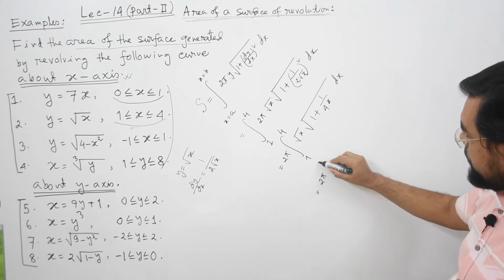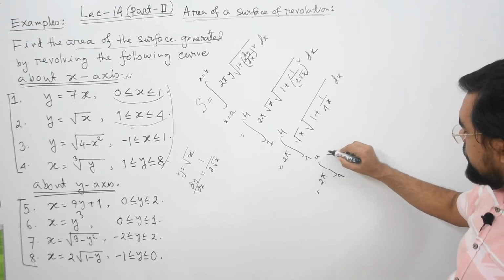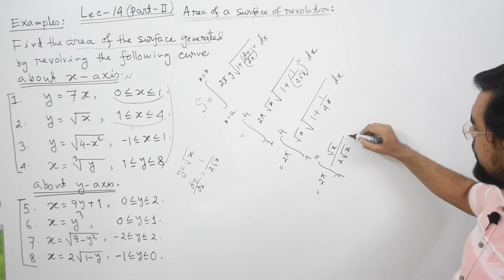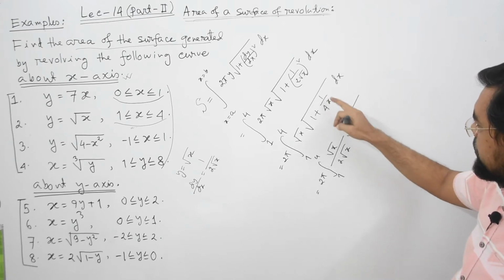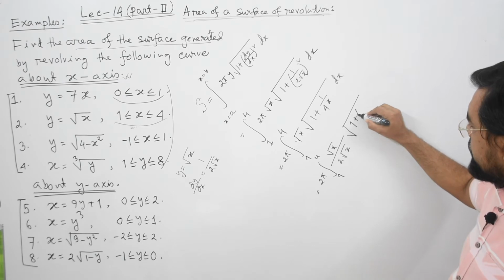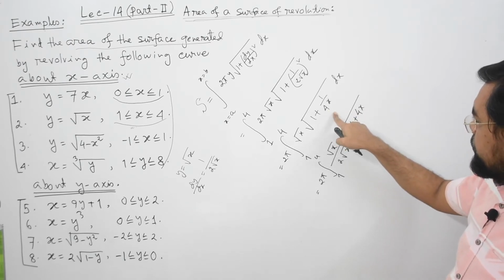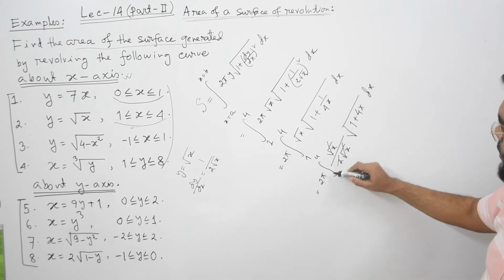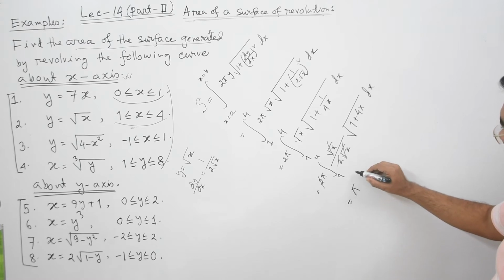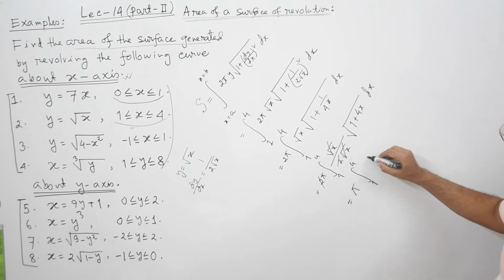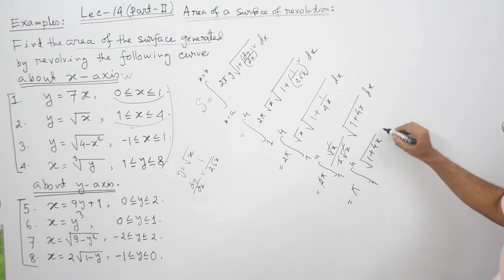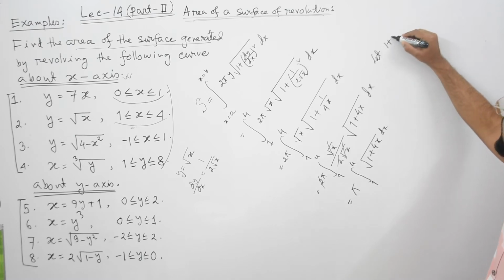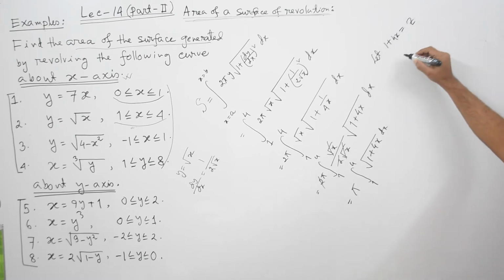This equals 2 pi, 1 to 4, square root of the numerator divided by 2 root x, because if you simplify it, the numerator will be 1 plus 4x and the denominator will be root 4x, dx. You can cancel this and this, so you have pi, 1 to 4, square root of 1 plus 4x dx, and let us substitute 1 plus 4x by z.